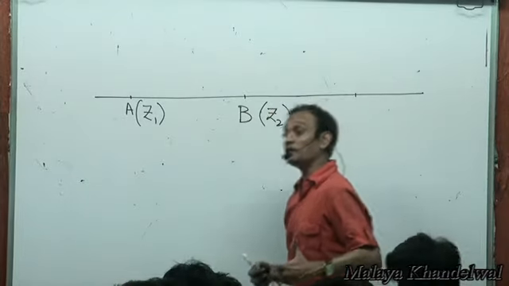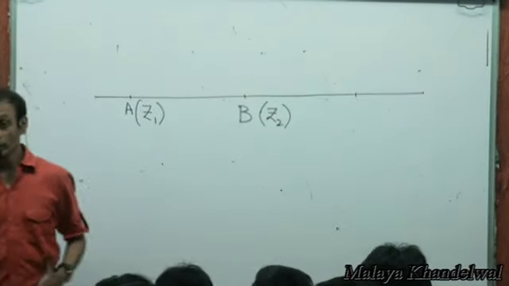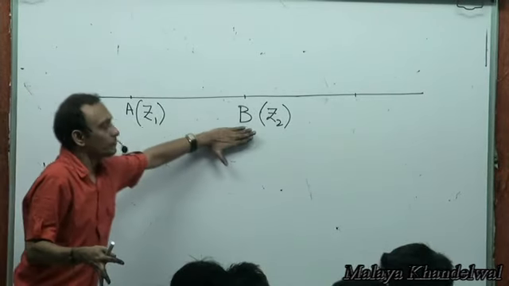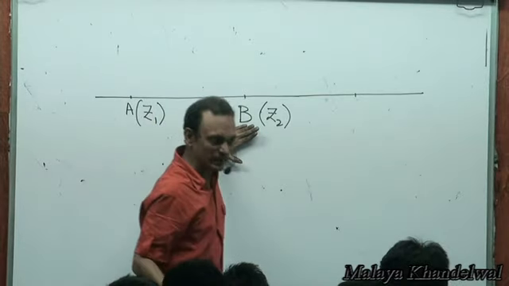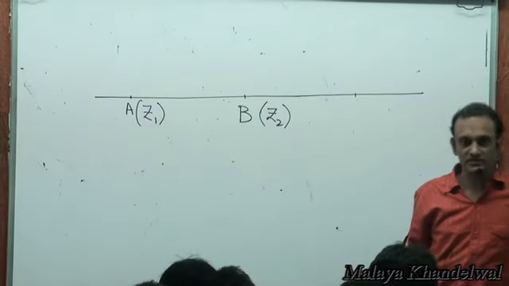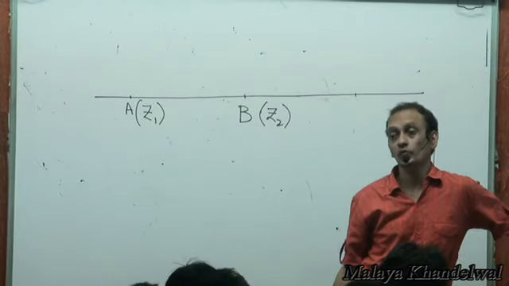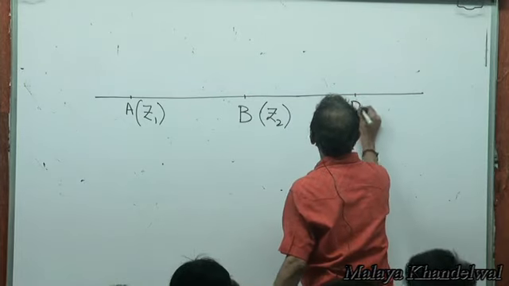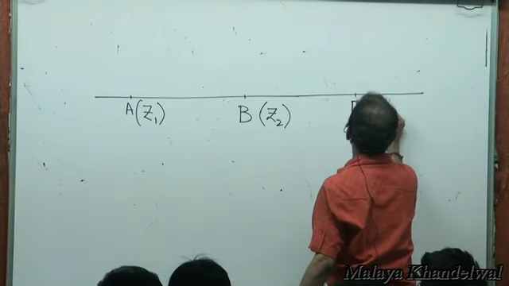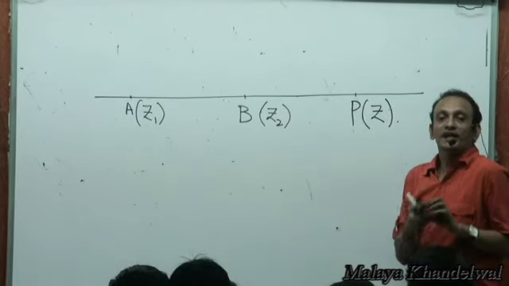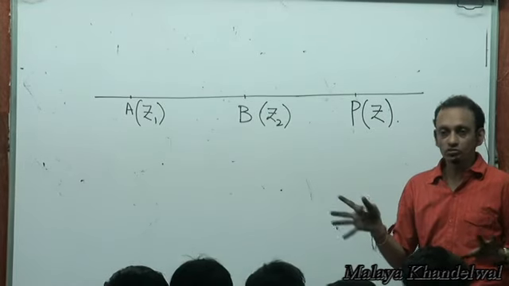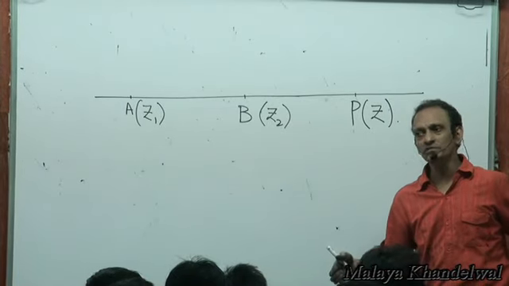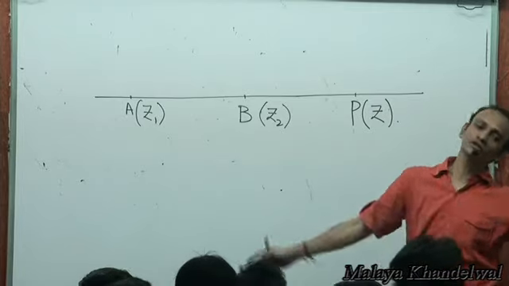I want to find the equation of a line in the complex plane passing through two fixed points A and B. A with position vector Z1, B with position vector Z2. I want to find the equation of this line. That means if there is any other point P with position vector Z, then I want to connect Z, Z1 and Z2, which would be the equation of the line in the complex plane. Z is a moving point. That equation must be satisfied for all Z's lying on this line, right?